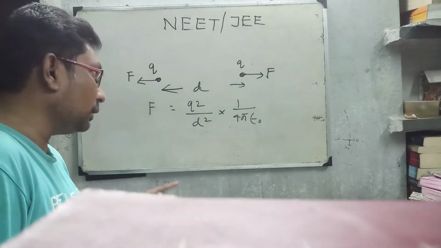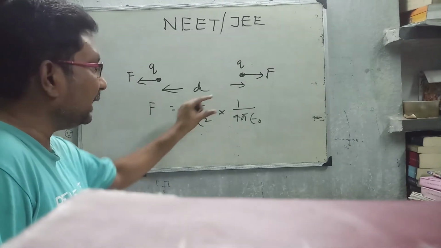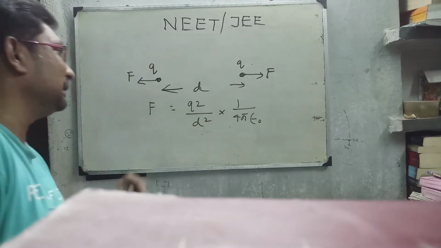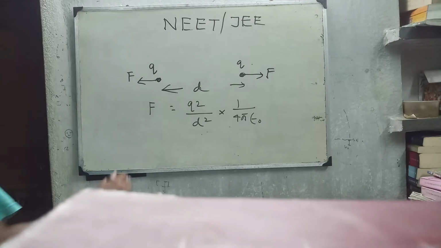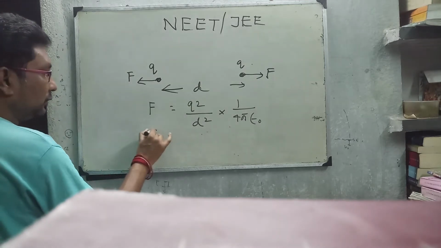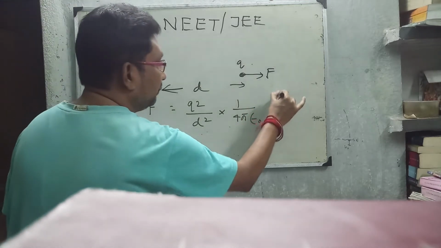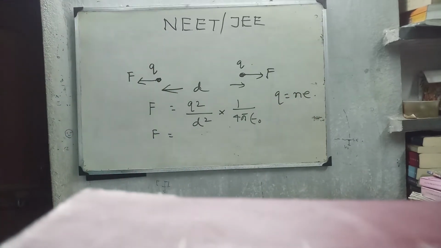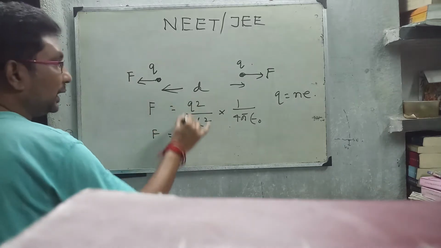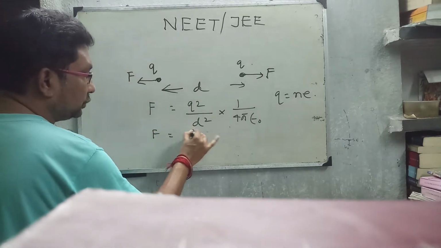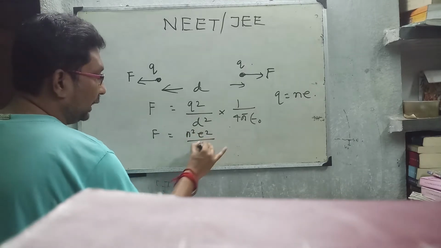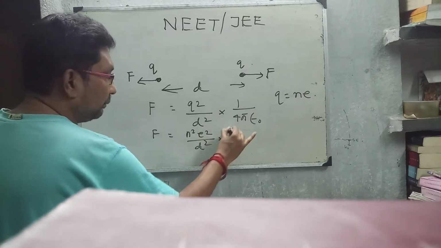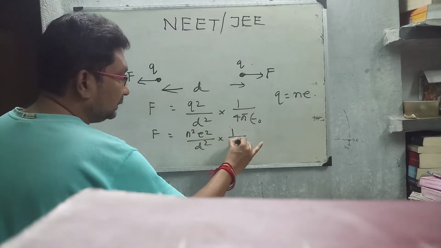If not, then you don't take the constant, take it as the CGS system. That is F equals Q, and Q means n into e. n is the number of electrons removed from each ion. So Q square is substituted by n square e square by d square into 1 by 4 pi epsilon 0.